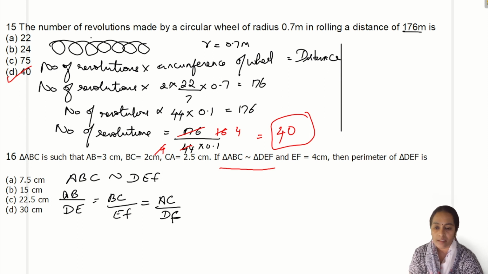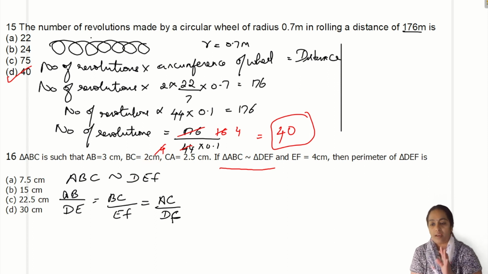When you write the corresponding sides in the proportionate ratio, you have to write it correctly. AB corresponds to DE, BC corresponds to EF in the second triangle, so don't write the other way around. AC corresponds to DF in the second triangle.